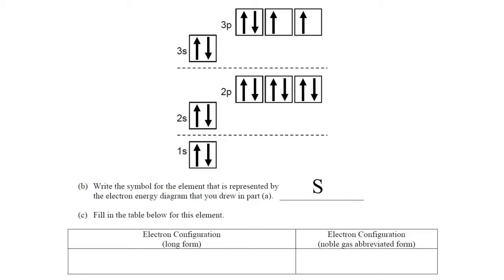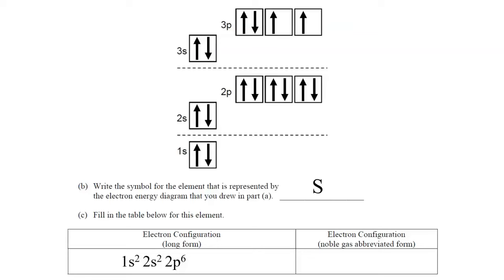In part C of this question, we have to write the electron configuration for the element sulfur. I'm going to show you 2 different ways to do that. First, I'm going to highlight the various sections of this electron energy diagram, starting with 1s2, and then moving on to 2s2, and then moving on to 2p6.